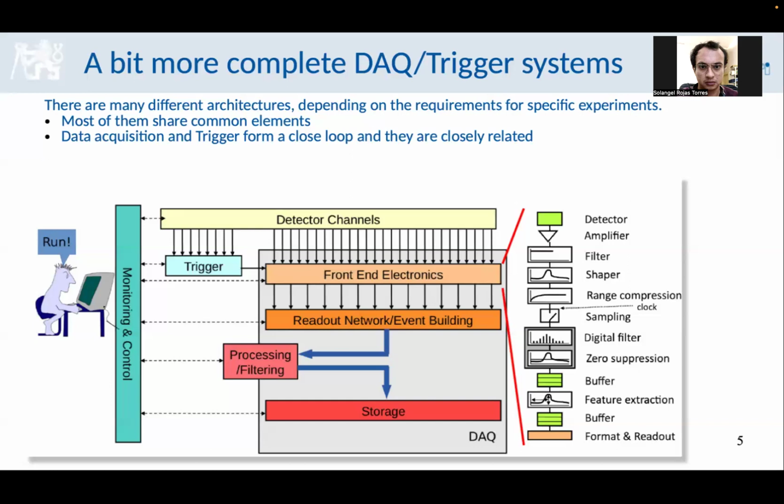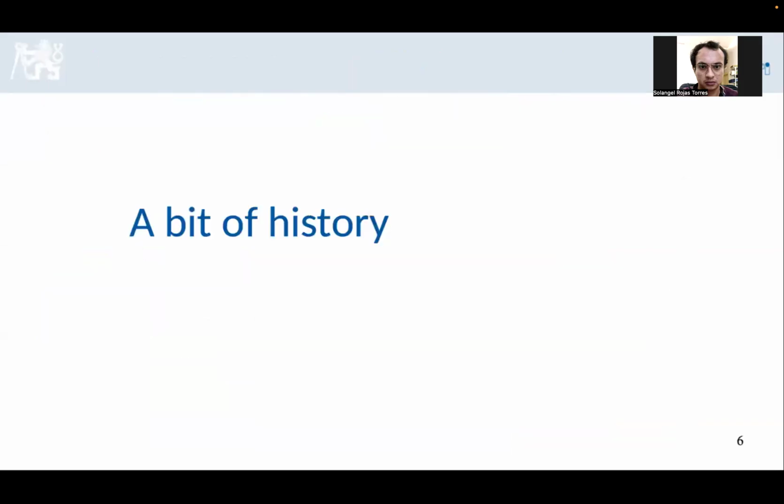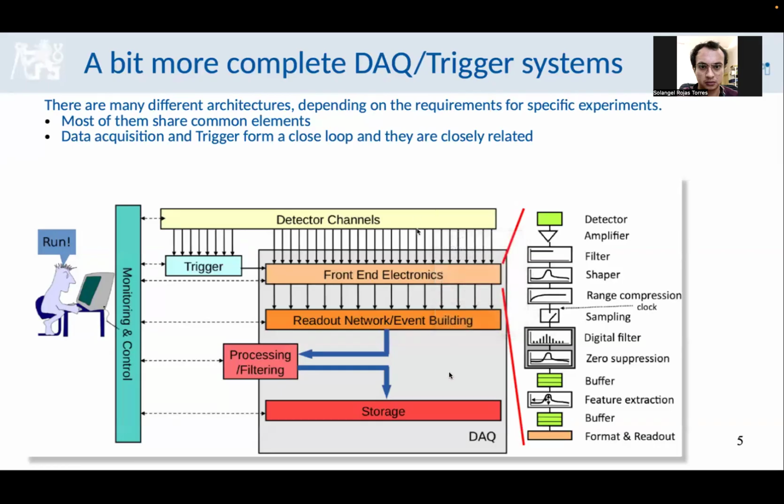So this is the part where, if you have continuous readout, you build the time frames, because event building is much more complex and usually happens after readout and storage. This is normally different for each system, so you can do it later or sooner, depending on how the architecture of your system is constructed.